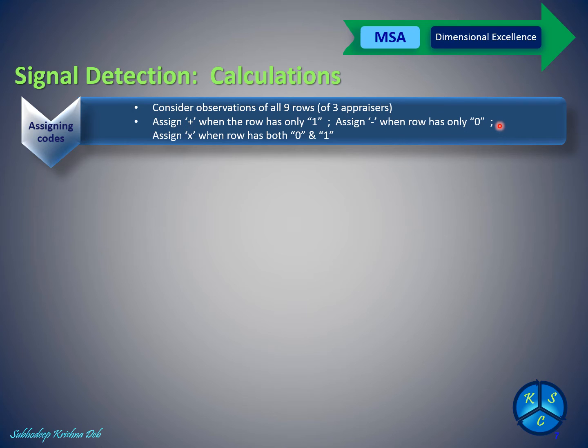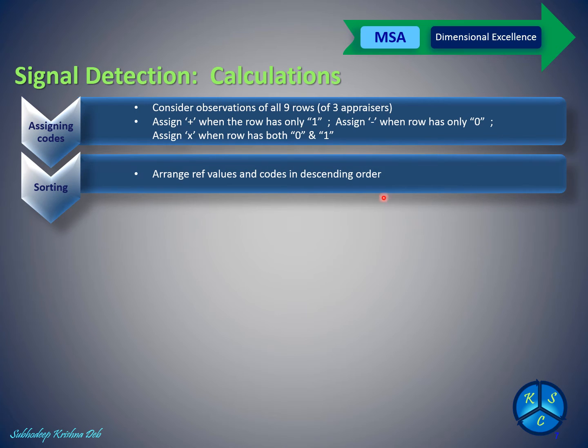If it has only 0, then we have to code it as minus. And if it is mixed, that some appraiser has called it good, other has called it bad, then we have to indicate it using the cross sign. After that, we have to arrange all the reference values and the codes in a descending order.